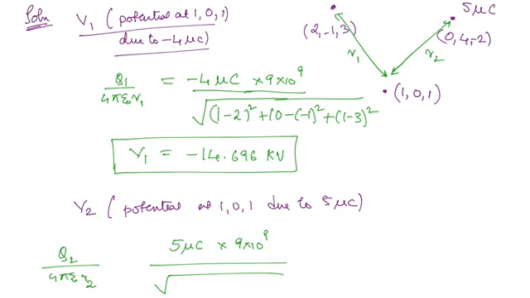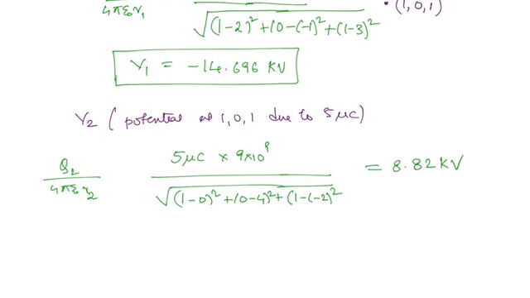What is R2? It is the distance between (1, 0, 1) and (0, 4, -2). So this is going to be (1 minus 0) whole square plus (0 minus 4) whole square plus (1 minus of minus 2) whole square. So you are going to get 8.82 kilovolt.